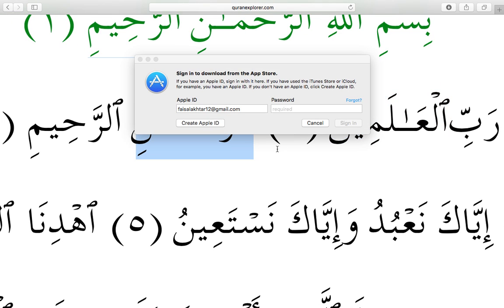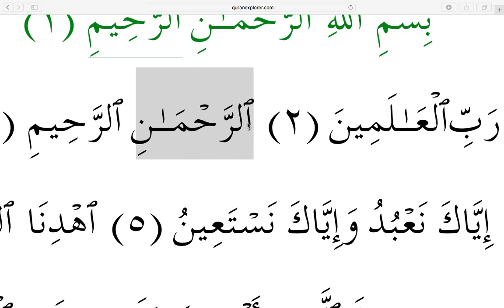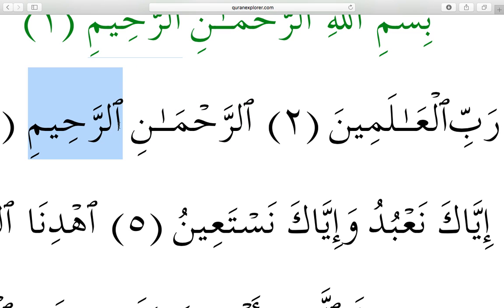The word is Ar-Rahman. Alif, lam, ra, ha, mim, nun. This word is Ar-Rahim. Alif, lam, ra, ha, ya, mim.